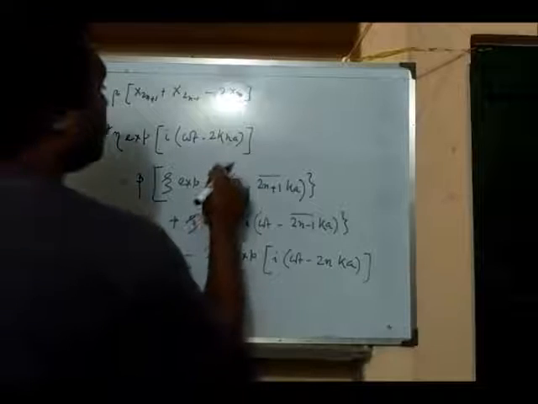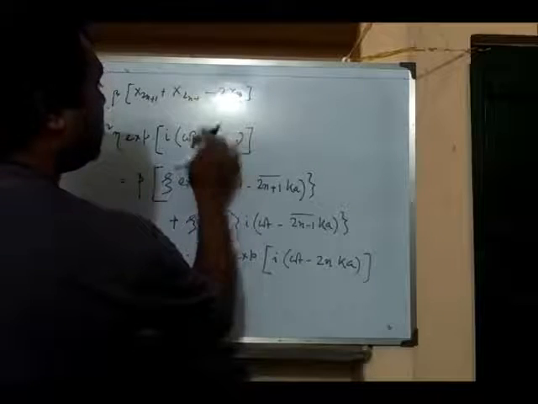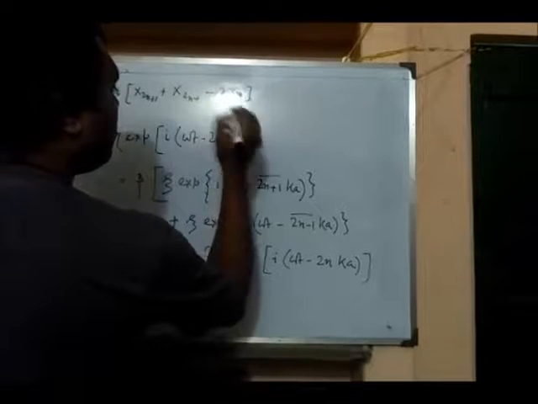Right? So for the sake of simplicity, I can write this 2nka here.